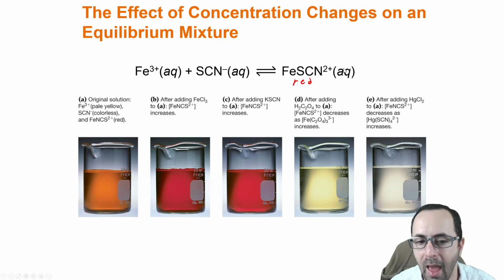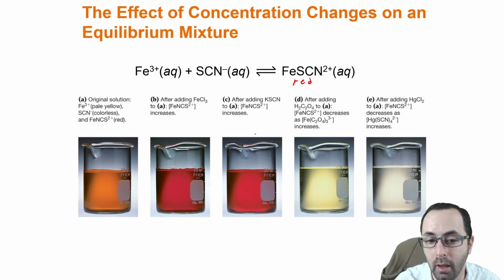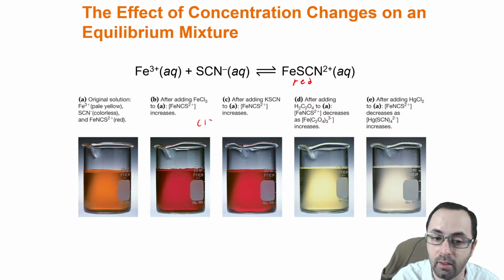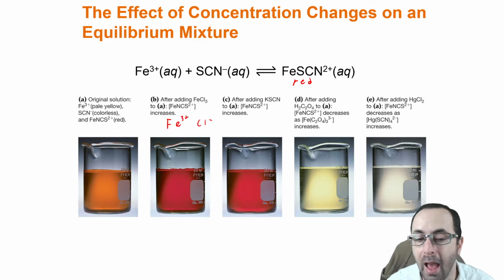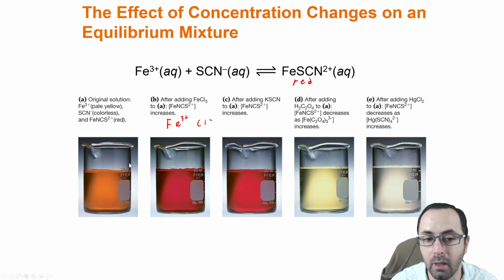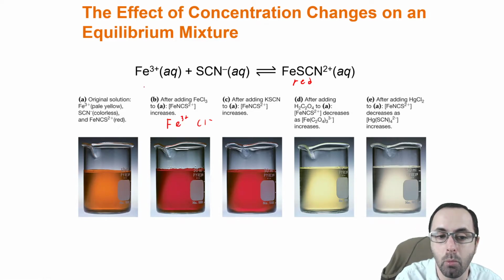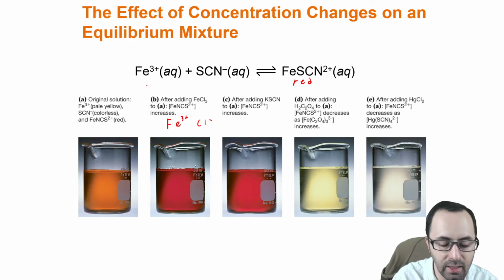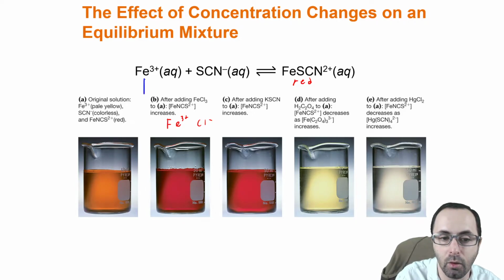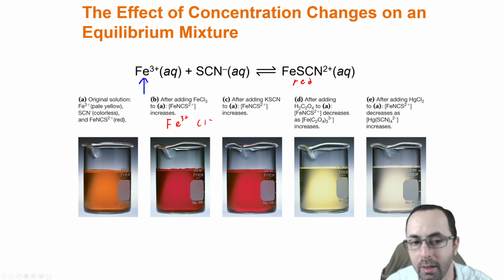So if we add in iron(III) chloride, well, this contains chloride ions, yes, but more importantly, it contains iron ions. So if we're adding iron(III) chloride into this beaker, we're adding more reactant, and I like to show it with a little arrow like this.